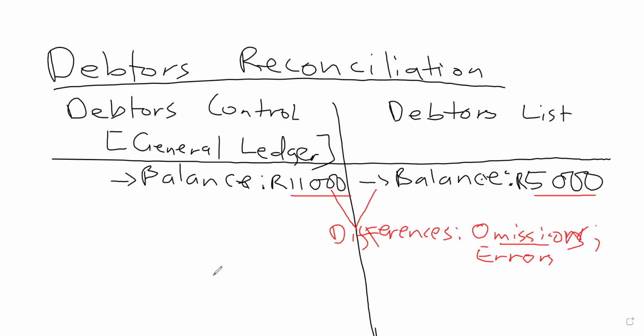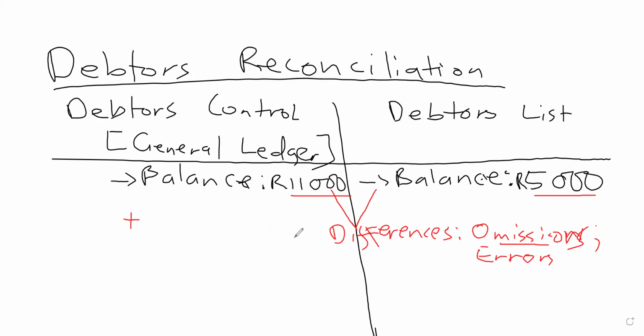And it's very important to understand what type of omission it is. Is it going to cause that balance to increase, or is it going to cause that balance to decrease? Let me do it this way, because I want you guys to understand whether it's an omission or an error.